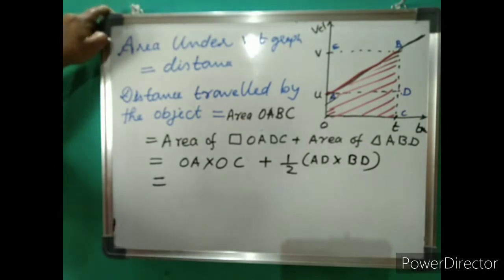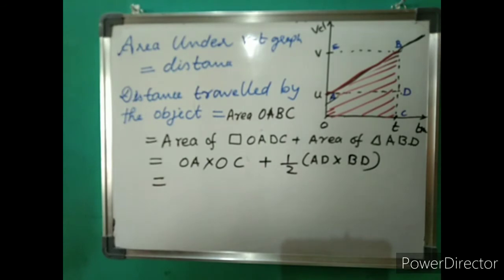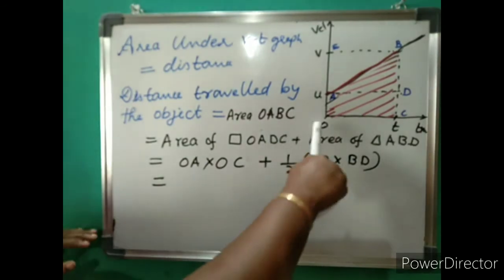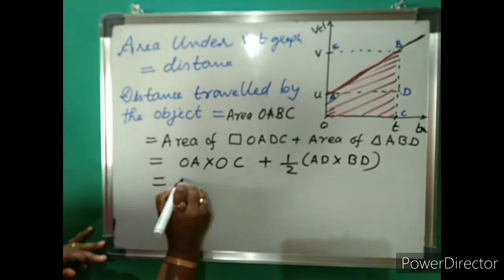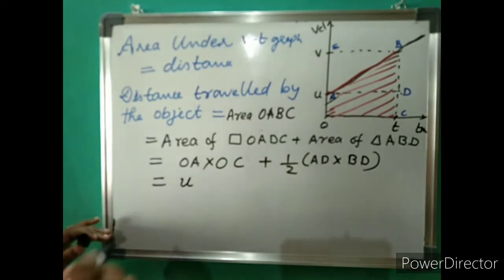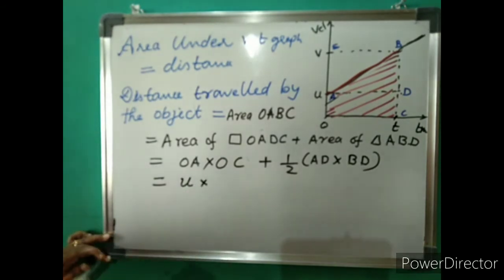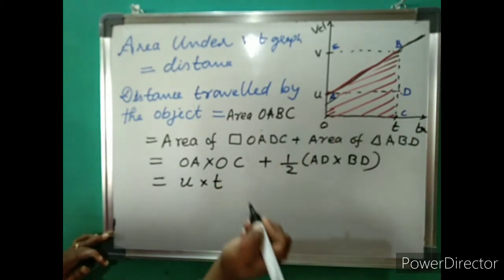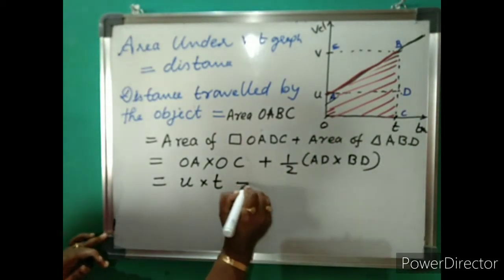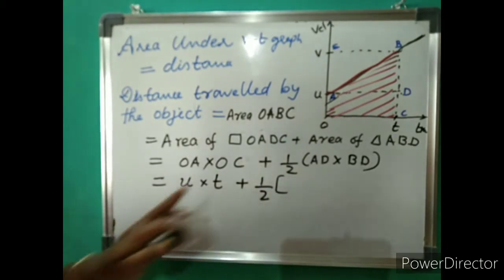We can substitute these values. What is OA? OA is equal to u. OA into OC, OC is equal to t, plus half into AD.